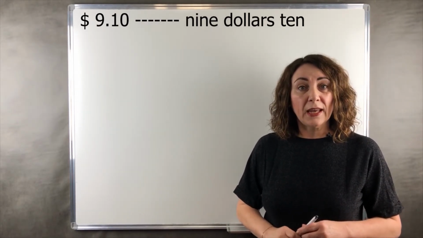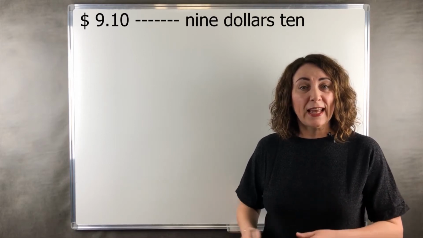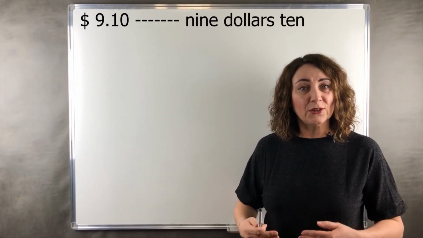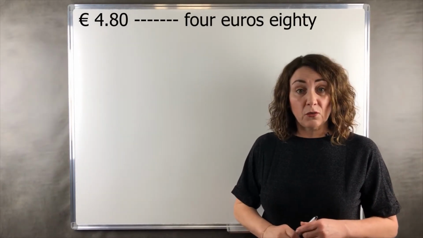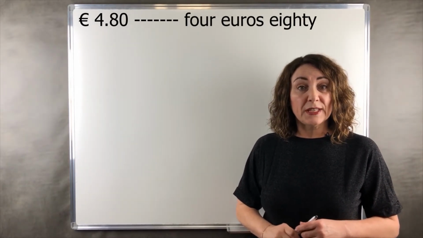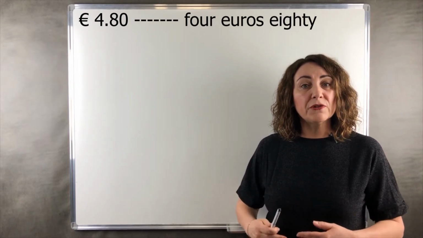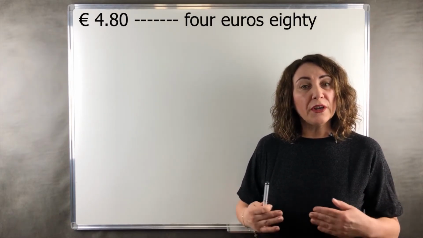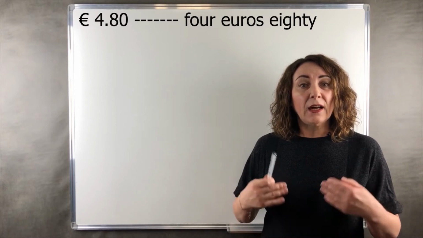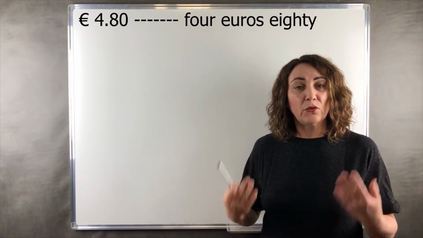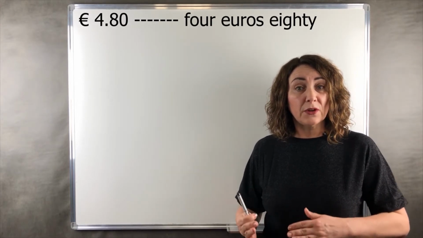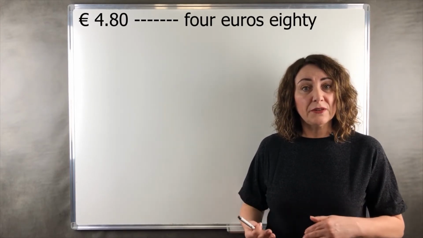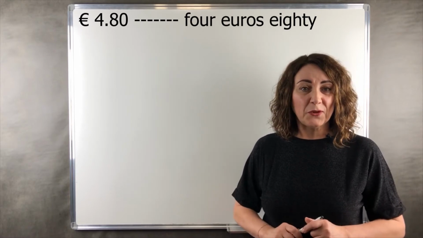In English, we say $9.10. Or, for example, euros: 4 euros 80. Euros, dollars, pounds, that is, money, are always used with the letter S: $5, 7 euros, and so on and so forth.